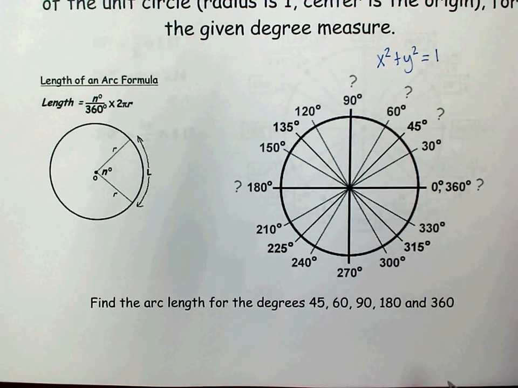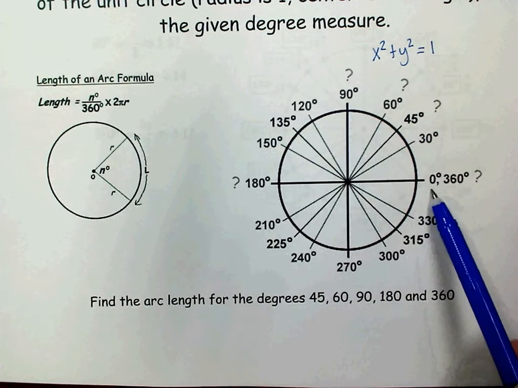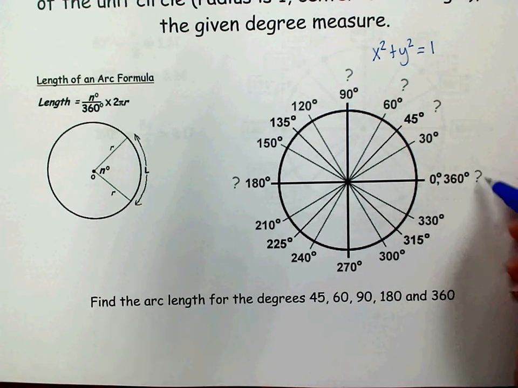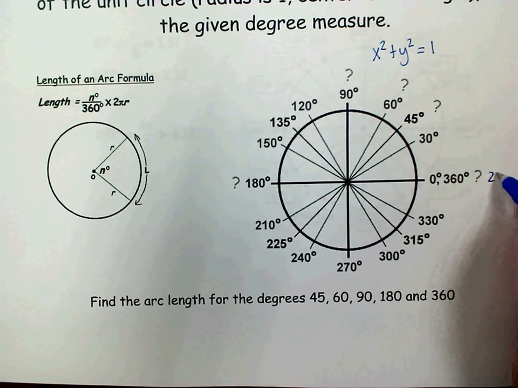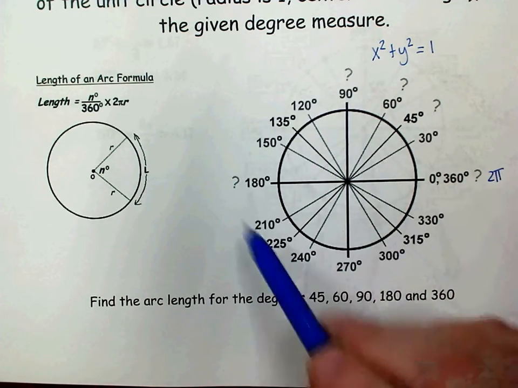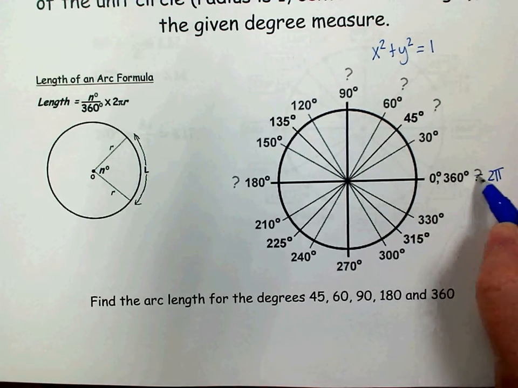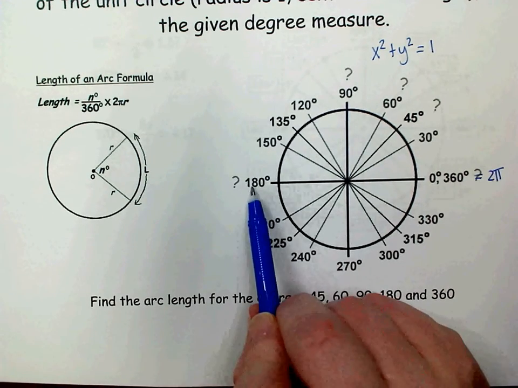So we already talked about a full length around the circle. Remember, it would be 2 pi. It takes 2 pi of my radius to fill up the whole distance around the circle. So if 360 degrees is equal to 2 pi, 180 degrees would be half of that.